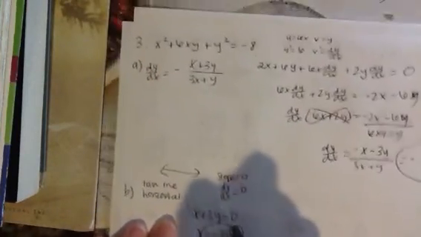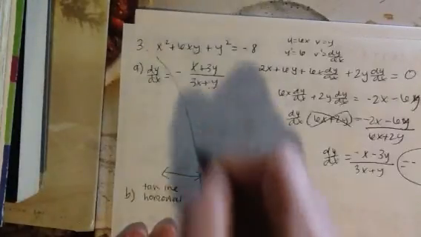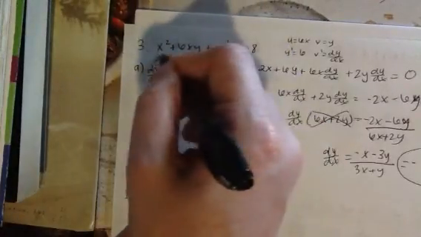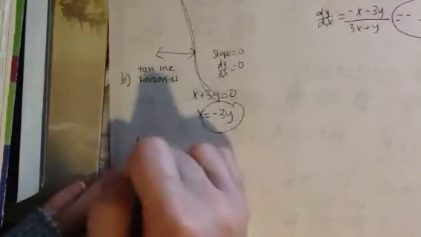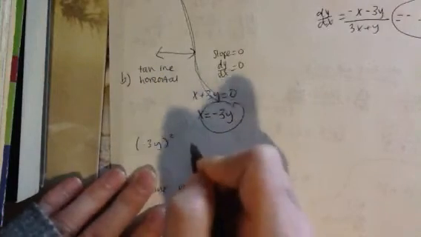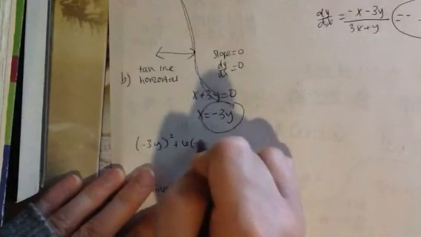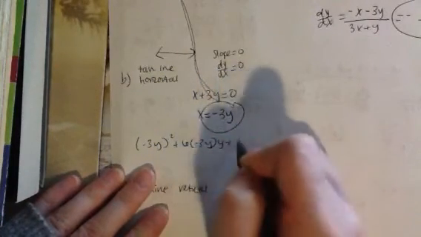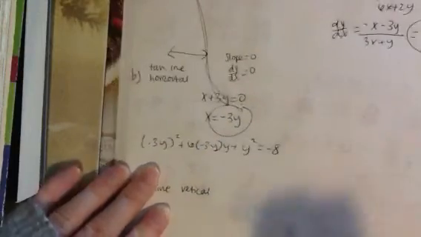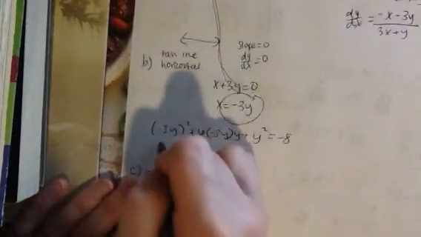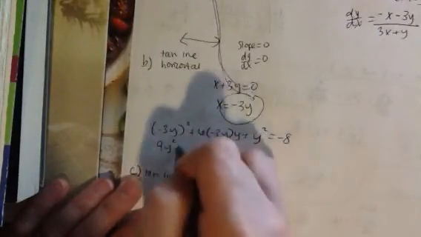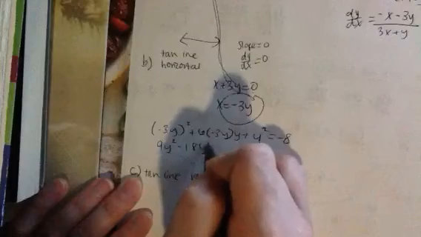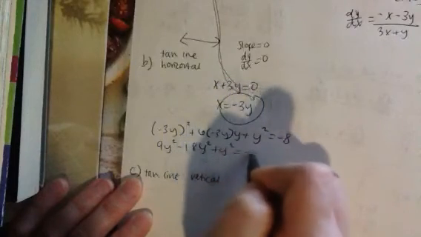So I'm going to take this x and substitute it in for these x values. So this is going to become negative 3y squared plus 6 times negative 3y, y plus y squared equals negative 8. This will become 9y squared minus 18, y times y is y squared, plus y squared equals negative 8.